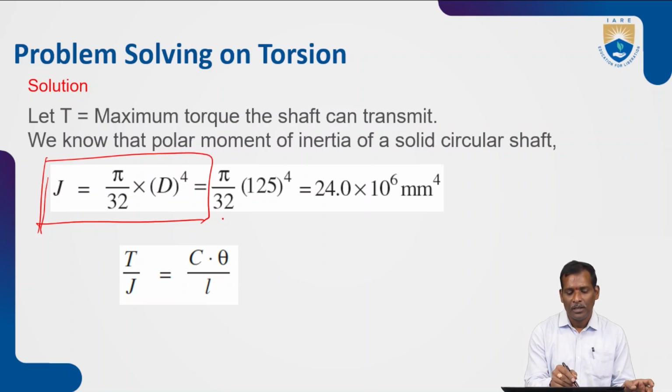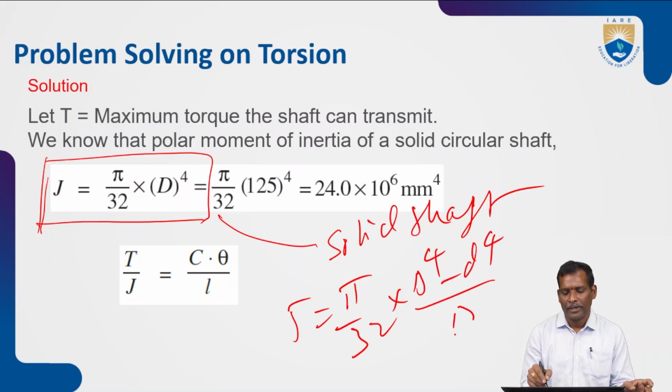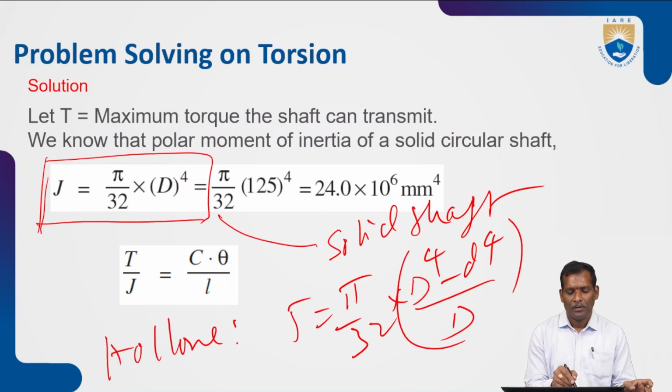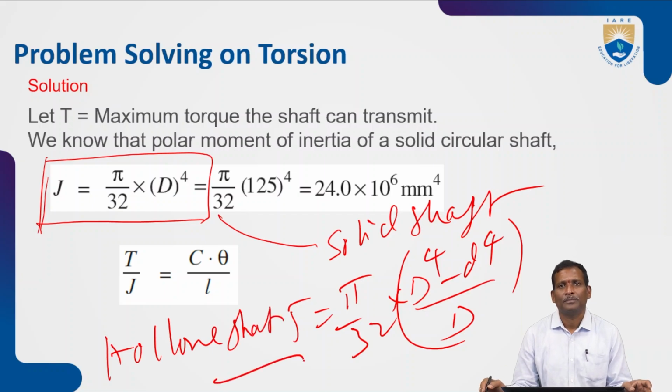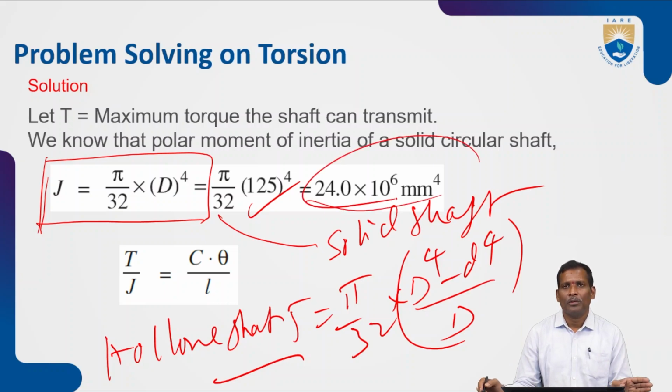Already you know, this is for a solid shaft. For a hollow shaft, J is equal to pi by 32 into capital D to the power of 4 minus small d to the power of 4. So now substitute the given diameter, 125, and finally we'll get 24 into 10 to the power of 6 mm to the power of 4.